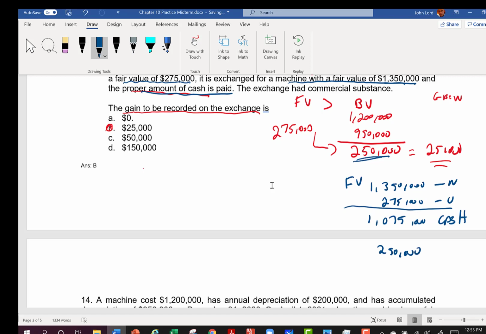It's the cash, which I just calculated, 1,075,000, right? And it's the gain, right? Plus the gain. The gain was 25,000. And when I add all that up, that means that I should bring on that new equipment at, and when I do the math of that, I get 1,350,000.